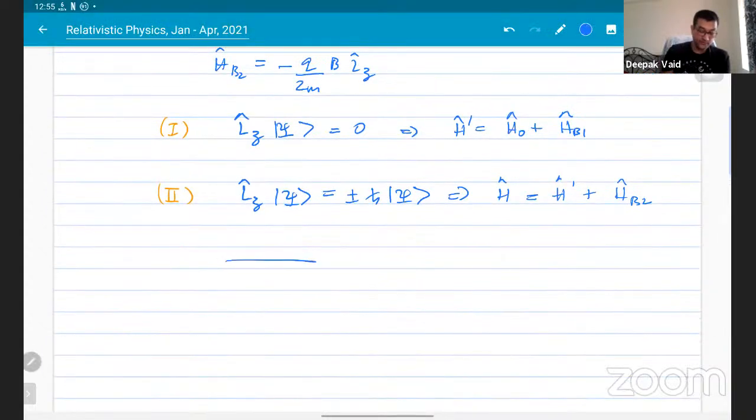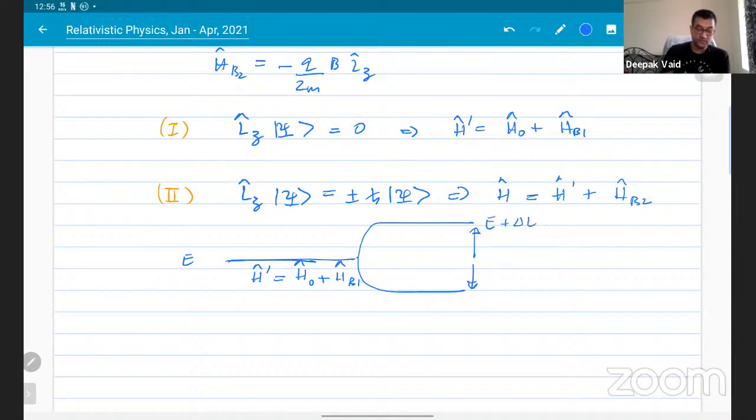So if you have some state here, this is the energy eigenvalue of H prime being H naught plus H P1. And if you have an angular momentum, right, you'll get two states. One is E plus delta E, one is E minus delta E, right?